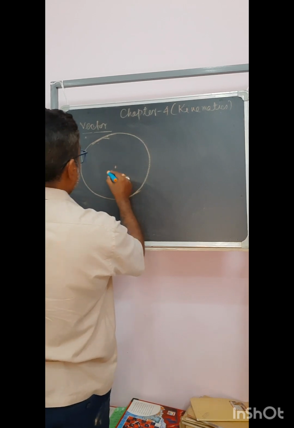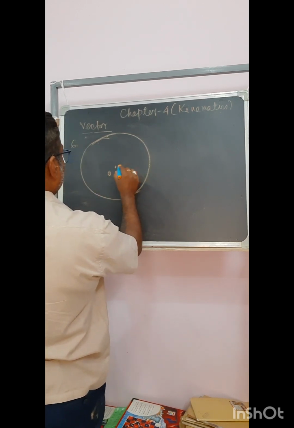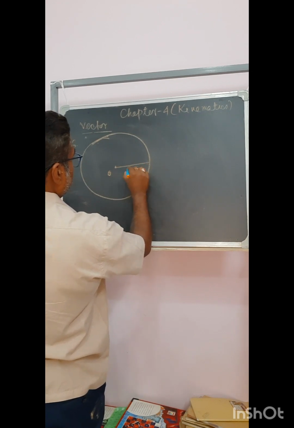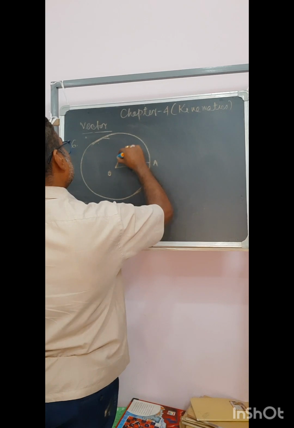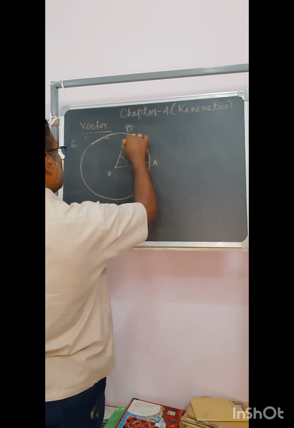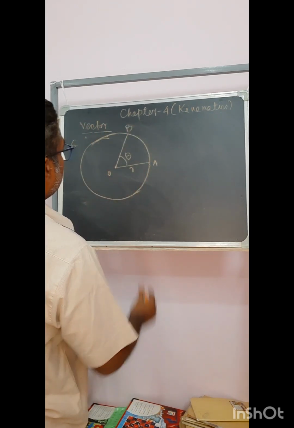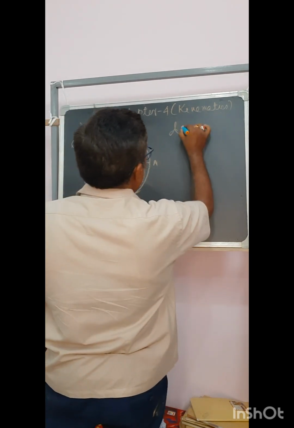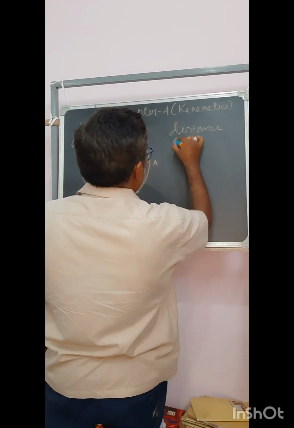Okay, this is the origin, the center. So the position vector, that is the radius, starts at A and moves through an angular distance theta to a point B on the circumference. So in that case also you have to find the distance covered and displacement.